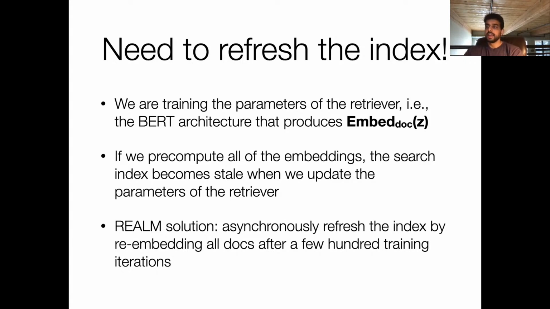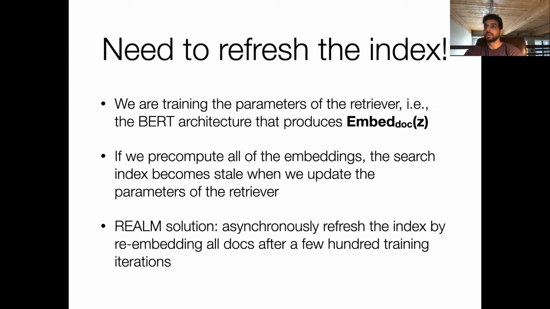They had to do a bit of engineering, probably not a bit, but maybe a lot of engineering to get this to work, where they agree that it's infeasible to update the retriever and refresh this index after every gradient update.